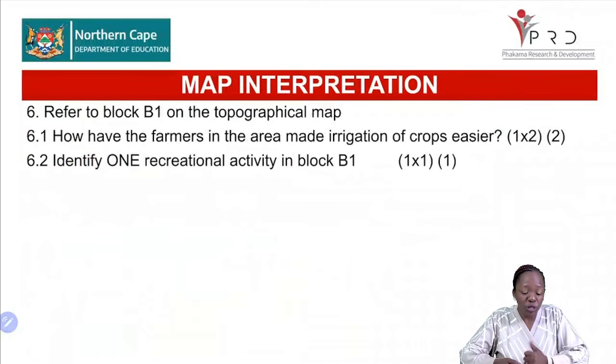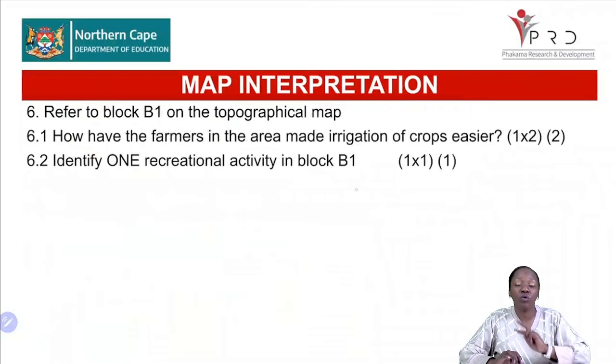Then our question number 6, you refer to block B1. So you go to block B1 on the topographical map. Again, you've got 2 questions. The first one, how have the farmers in the area made irrigation of crops easier? Remember, irrigation, we're talking about watering of the crops or the plants.